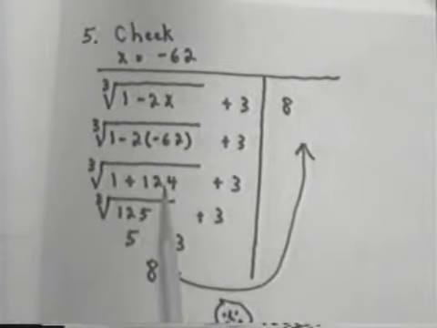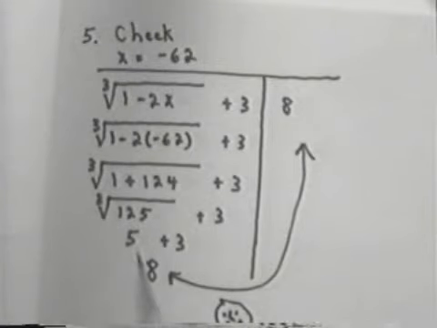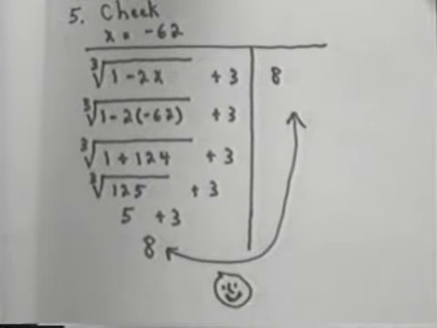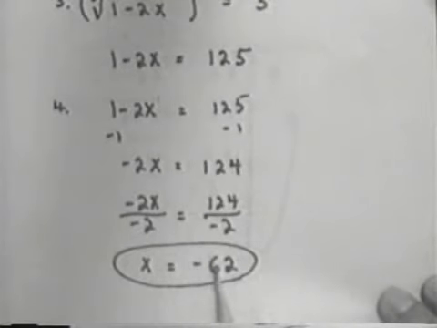Then I add 1 plus 124 to get 125. Now I take the cube root of 125 to get 5. And finally I add the 5 plus 3 to get 8. Well, I have 8 on both sides, so therefore it checks, and negative 62 is the solution.